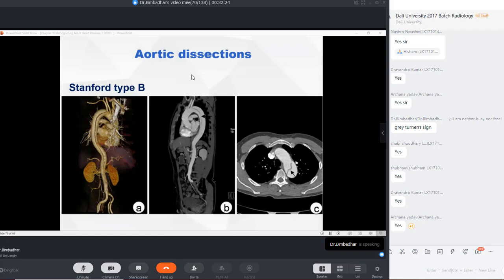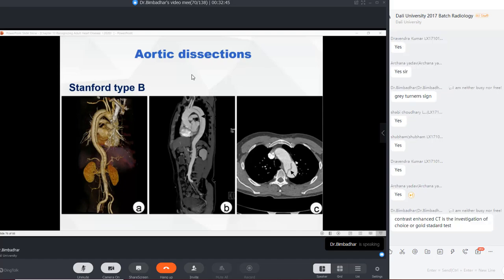Contrast enhanced CT is the investigation of choice, or gold standard test. Do not forget this.